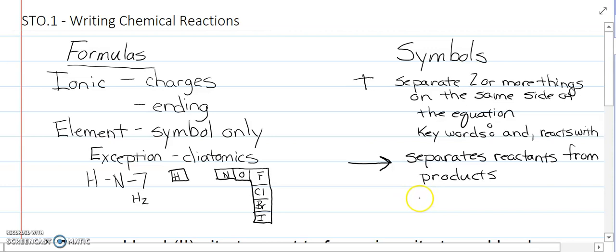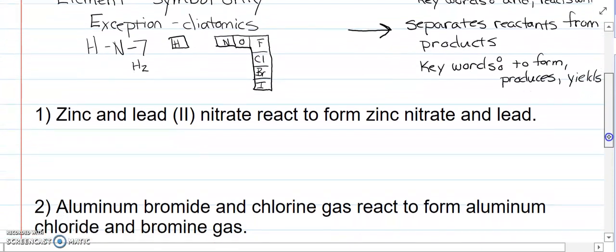Keywords are going to be "to form" or "produces." Sometimes you'll see the word "yields." So let's take a look at an example of this.